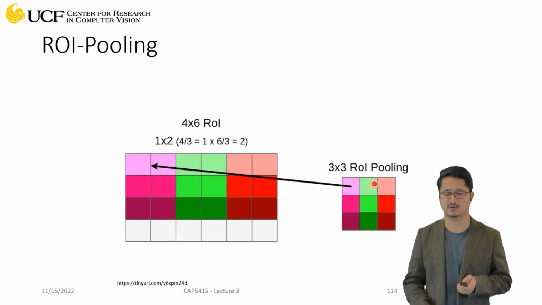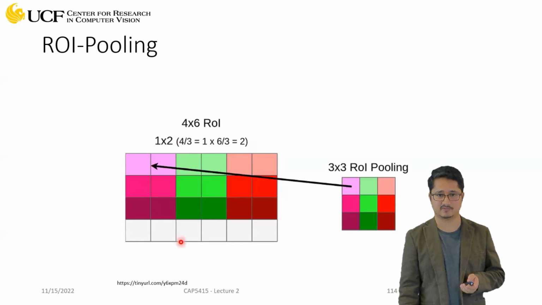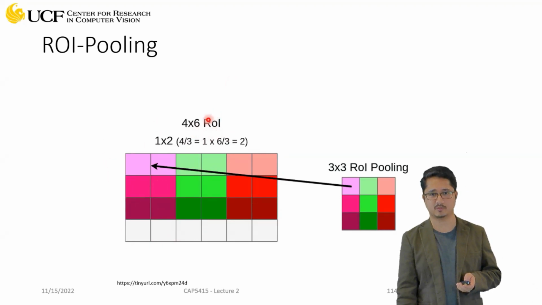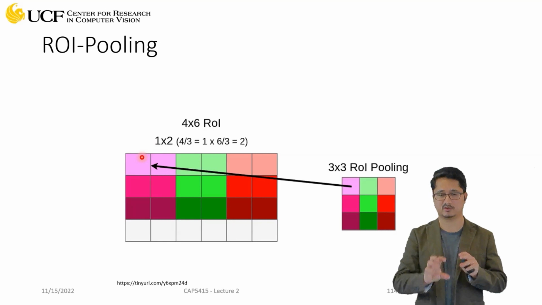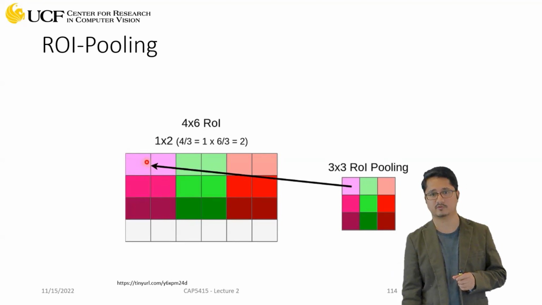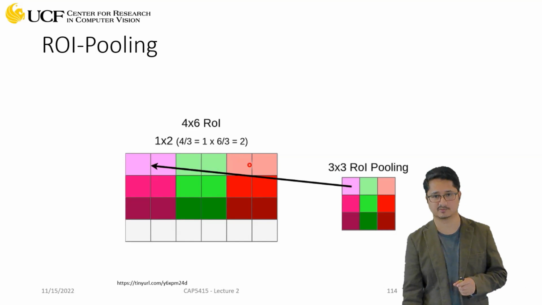There is one more way how you lose information. For example, if you have an activation map something like this, in this case a 4 cross 6 area, and we want to map this to 3 cross 3. What you do is you divide this into a 3 cross 3 grid and perform max pooling. So these 2 pixels, you pick the max one, and again, these 2 pixels, you pick the max one. You can pick average pooling as well, it's perfectly fine.